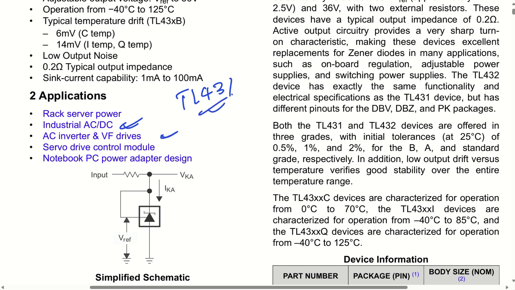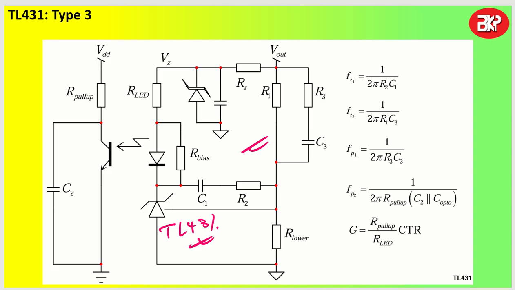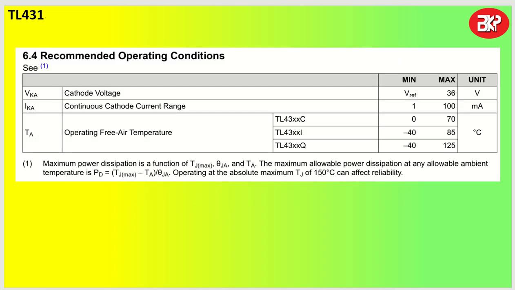Some of the things that I want to show you: let us talk about the recommended operating conditions for TL431. The cathode voltage can go from V reference to 36 volt. It means your V output must be less than 36 volt, otherwise it will not be able to regulate or give you feedback regulation.